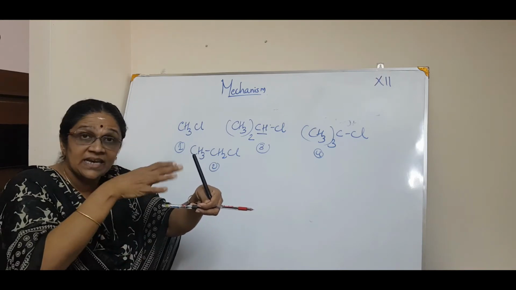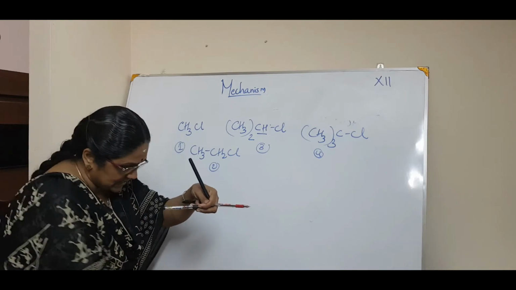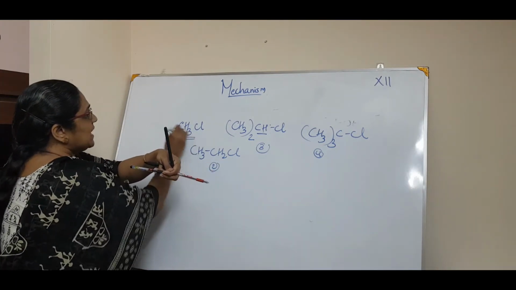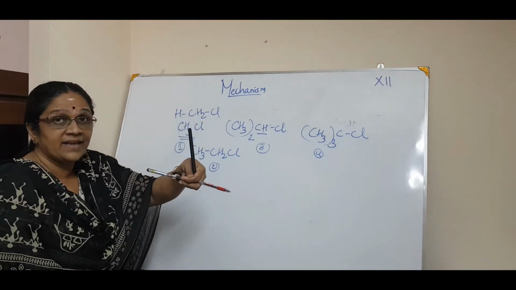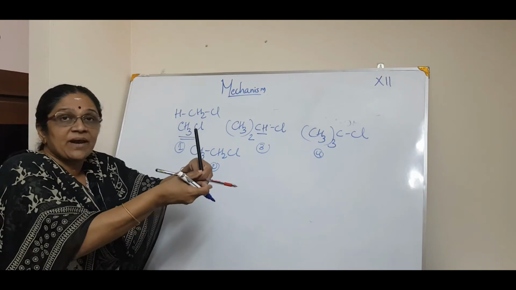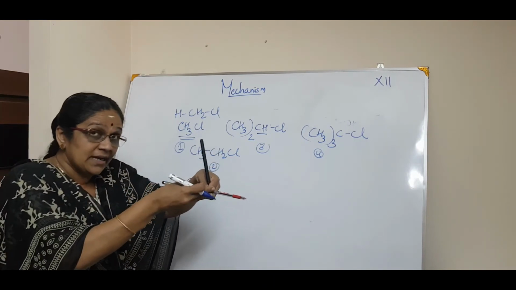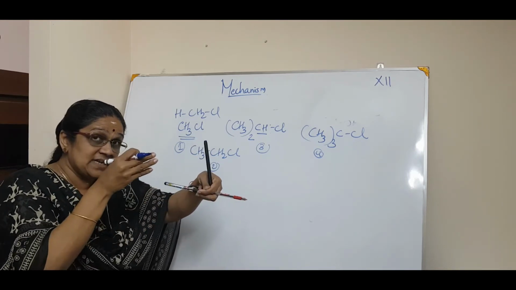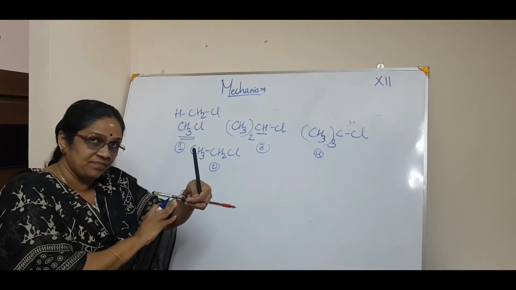There is no steric hindrance because the hydrogen atom is very small. This is a primary carbon atom. Why? Because CH3Cl can also be written as HCH2Cl. Am I right? So this is a primary carbon atom. So keep in mind, for a primary carbon atom, the coming of the nucleophile is very easy.